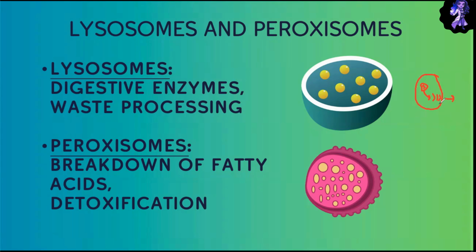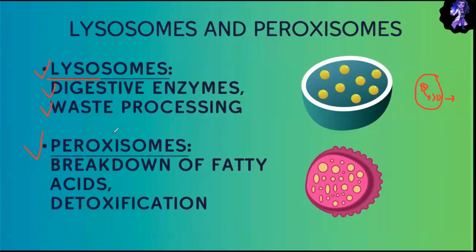So there are two types of vesicles that we tend to reference, and those are lysosomes and peroxisomes. When I think of lysosomes, I think of the root lyso or Lysol wipes, and it helps me remember the functionality that it's used to digest enzymes and process waste. So it is there to process the waste before entering that Golgi apparatus.